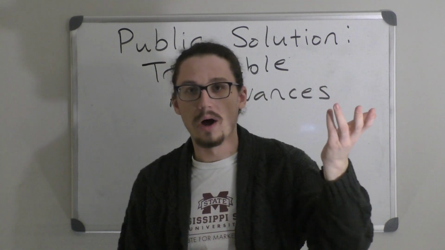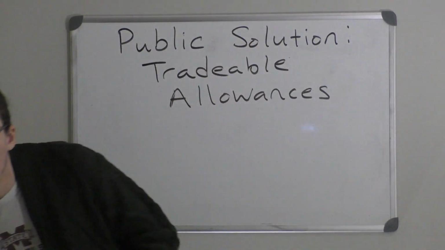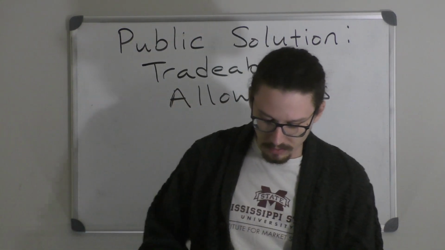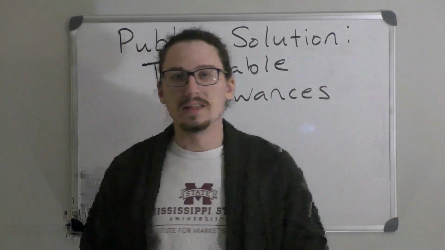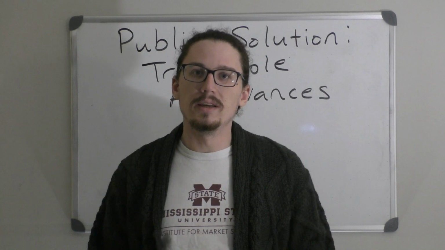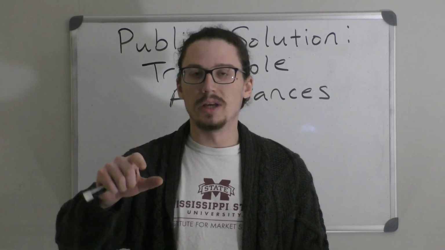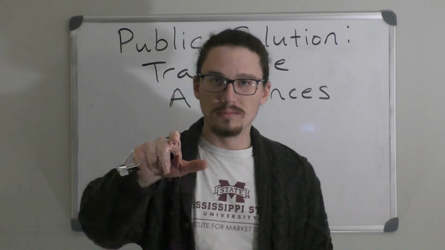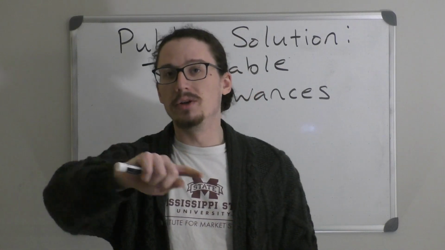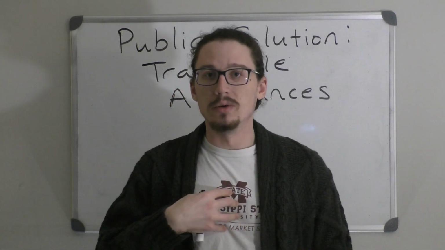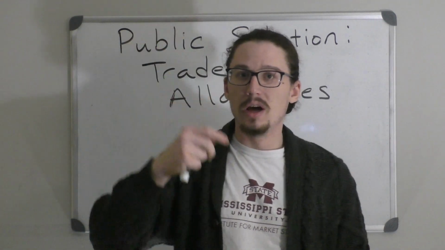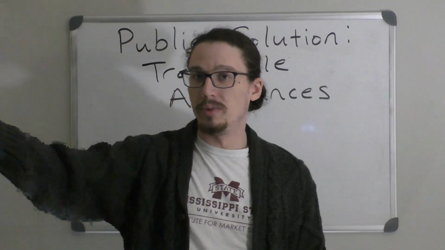So it says, hey, this is how many you've got. You can't use more than these unless you acquire more, and the way to acquire more is to buy them from other companies. The nice thing about this system is that we're still going to cap you, but you can trade these allowances.